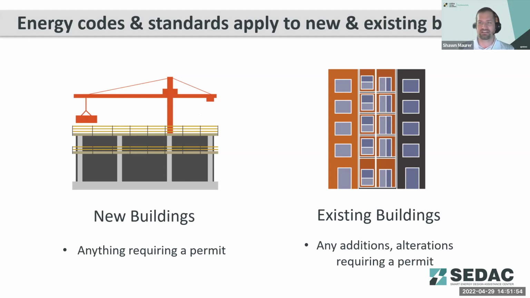The difference for existing buildings is it's a little bit more selective. The energy code doesn't require you to make changes to a building system that you're not modifying in order to incorporate the requirements of the energy code on the system that you are modifying. A really common example is roofing systems.